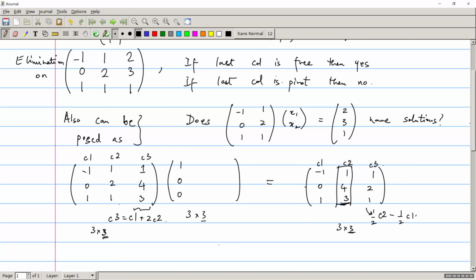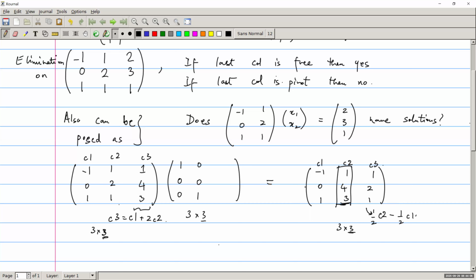So what do I write in the second column here? 0, 0, 1. It reflects the fact that what I have in the second column of the product is 0 times column 1 plus 0 times column 2 plus 1 times column 3. And what I have here is 0 times column 1 plus 1 times column 2 plus 0 times column 3.